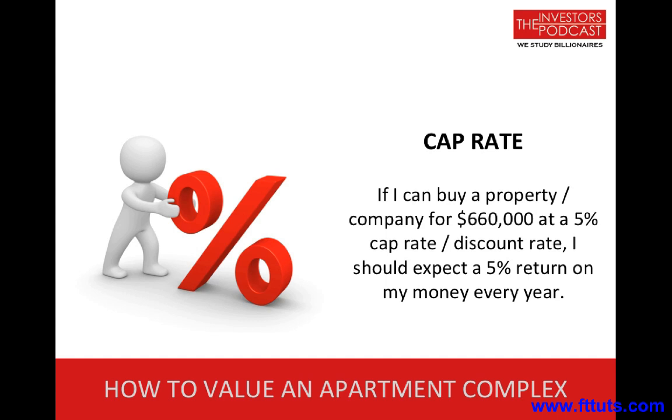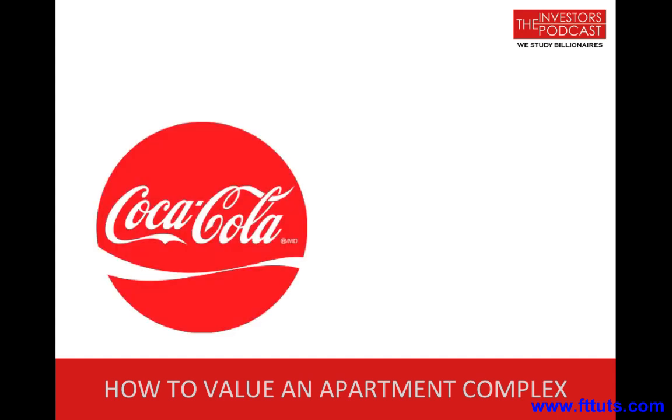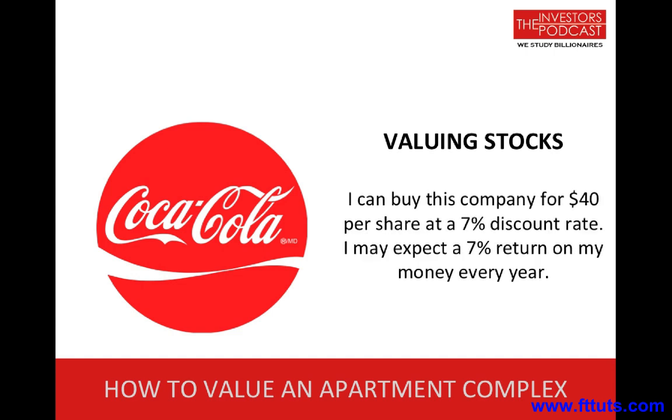So if you were going to buy a stock, let's just say Coca-Cola. If you did a discounted cash flow analysis based on the earnings and the profit that the company produces, and you would say something like, I can buy this company for $40 a share at a 7% discount rate, you might expect a 7% annual return on the company by continuing to own it.